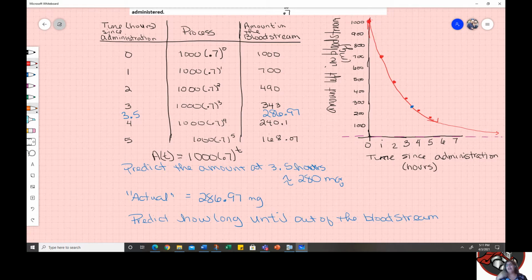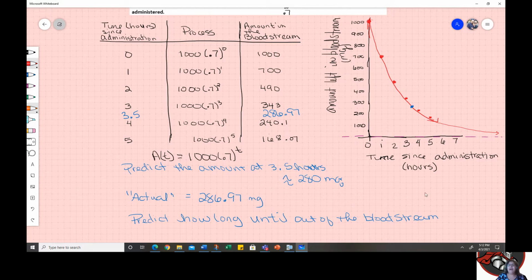So for this predictor about how long till it's out of the bloodstream, really what we're wanting to predict is how long until it's not traceable, till they can do a blood test and not find this medication in the bloodstream. It doesn't mean it's completely gone. It just means that it's at such a low amount that it's undetectable.